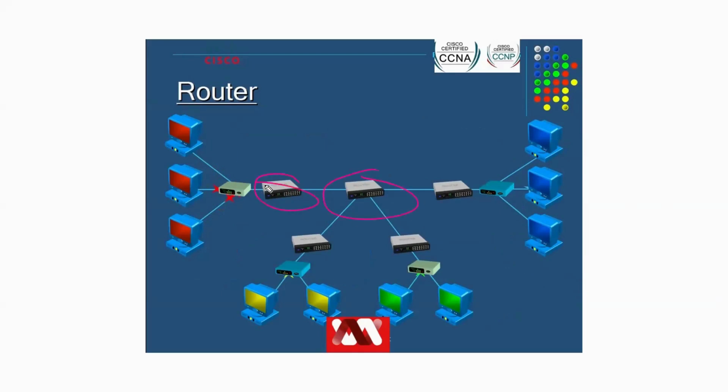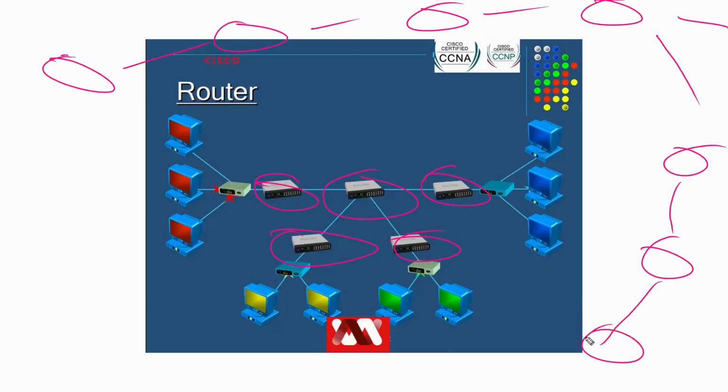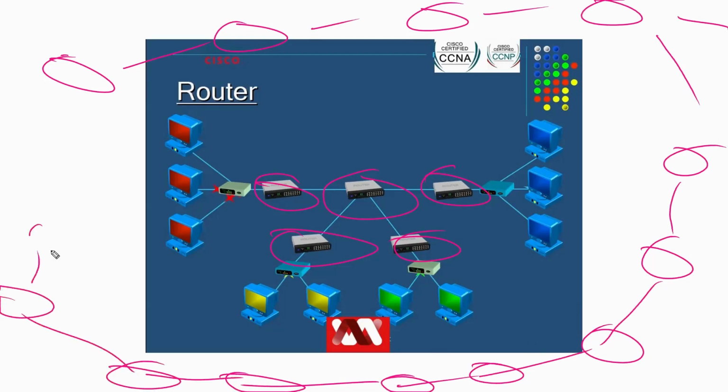This is how our real internet works. In our previous class, I showed you a picture of submarine cables, connected everywhere in the world. Do you remember? I showed you the live map.